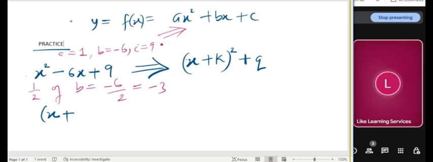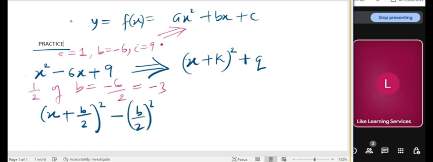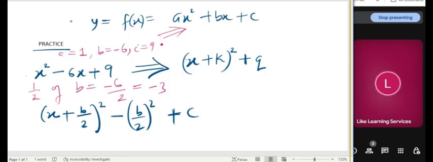Let me put it in the general form: plus half of b, that's b over 2, close the bracket, squared, then minus that b over 2 all squared, before you continue the rest, plus c. That's how we should always do it. Open the bracket, x plus b over 2 all squared, minus that b over 2 squared, then plus c.